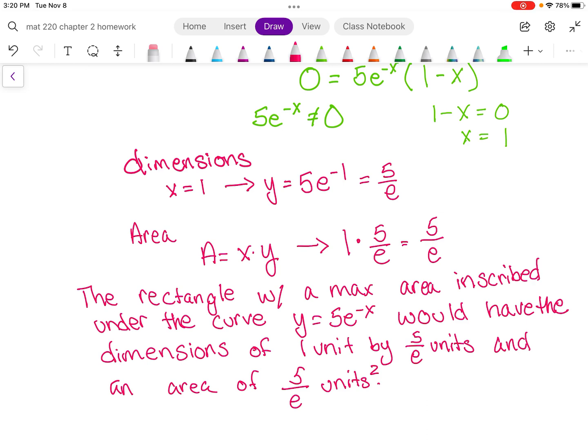I don't have particular units because we're just on a coordinate plane. But my sentence explains what I was asked to find, gives the dimensions, gives the area. And that would be how we tackle the rectangle area problem number 6 from your packet.